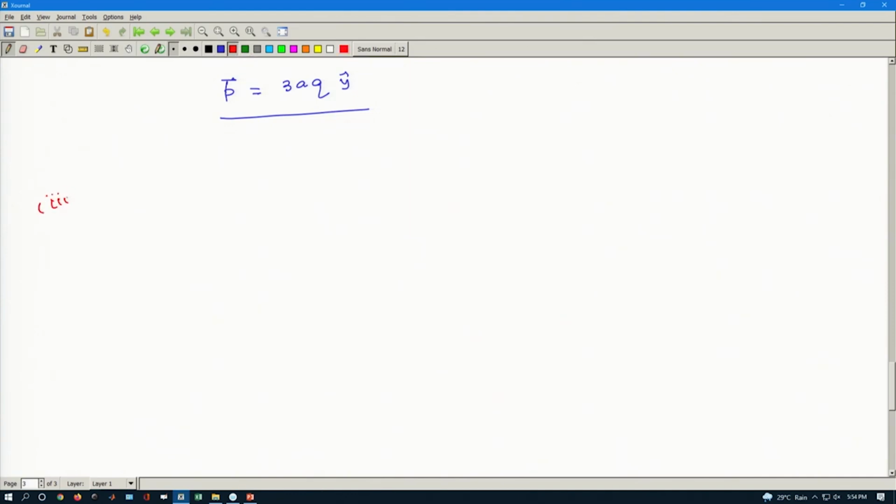Now, the third part of the problem: find out the approximate potential at large r. So, I can write my potential phi of r as a contribution of phi monopole and phi dipole.